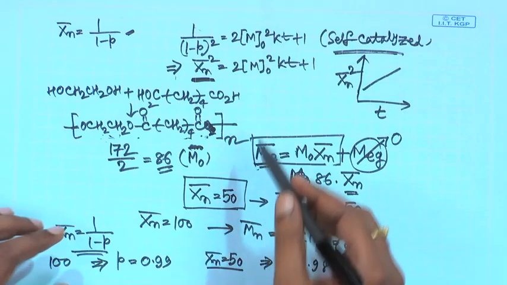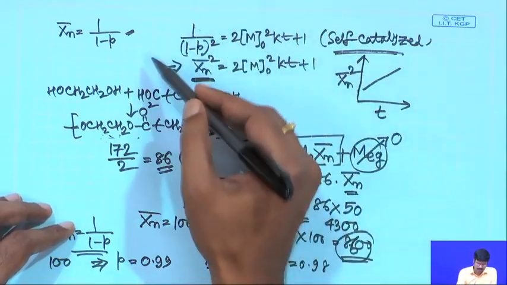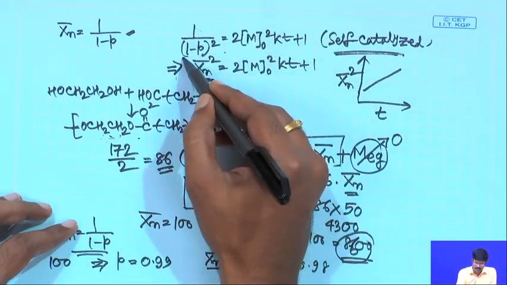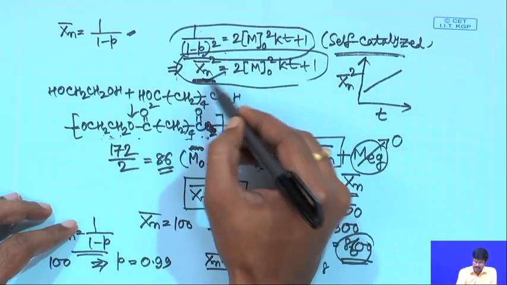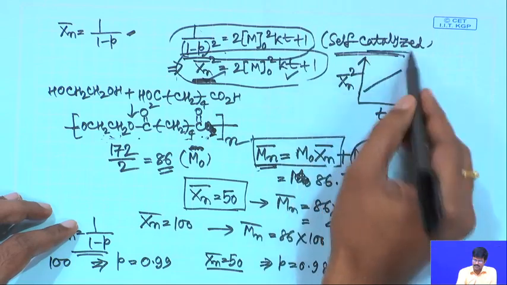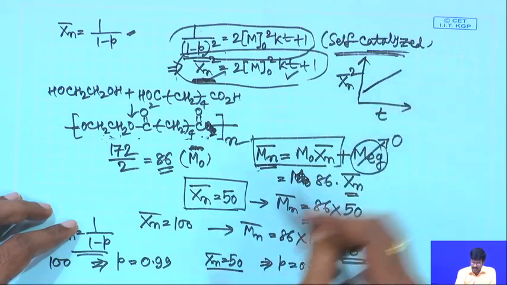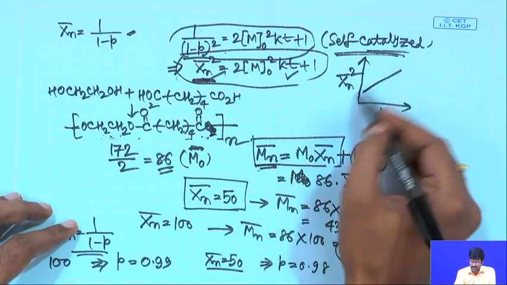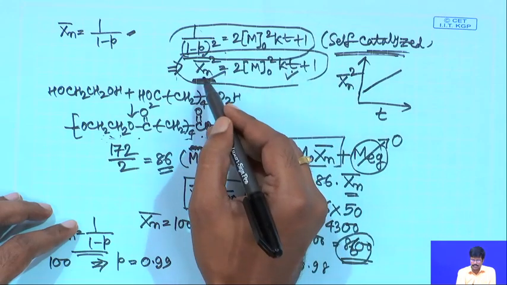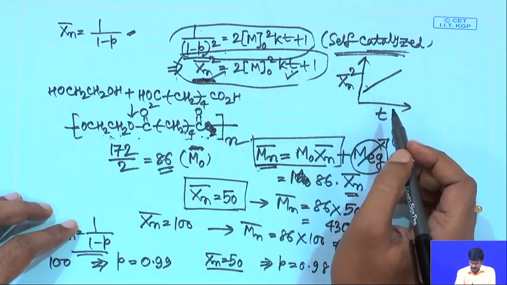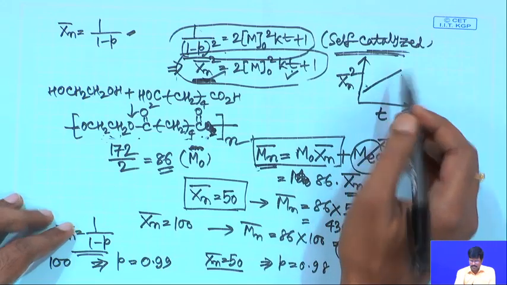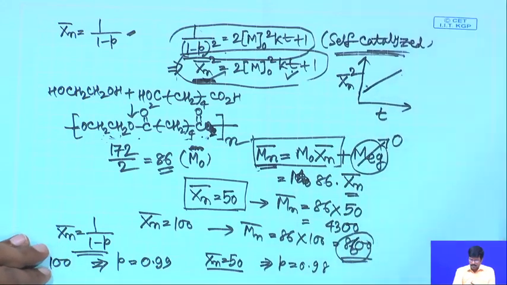If you remember, in this particular slide, on the top, this is the expression for how xn bar square is related to time for the self catalyzed reaction. That changes linearly with time, but xn bar actually changes slowly because time is related to the second power of the degree of polymerization. So with time it will increase, but rather slowly.